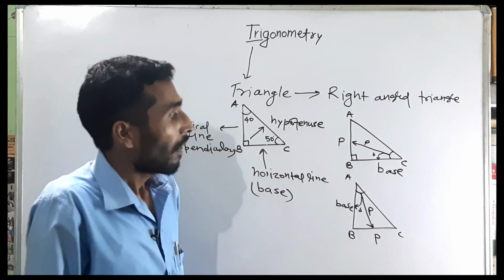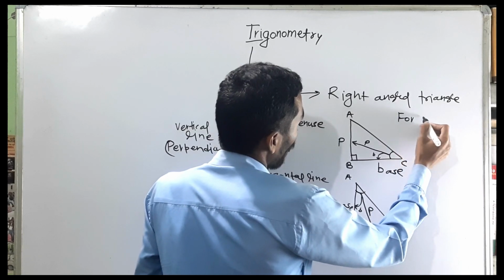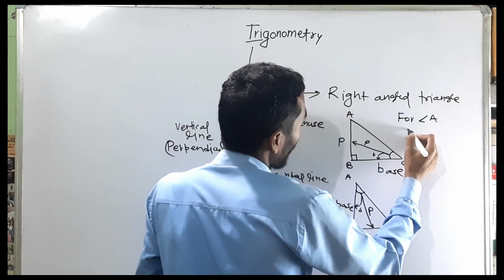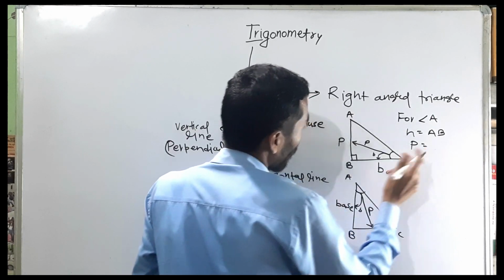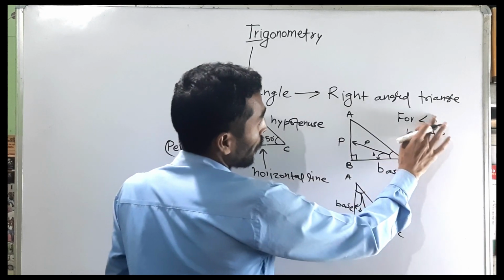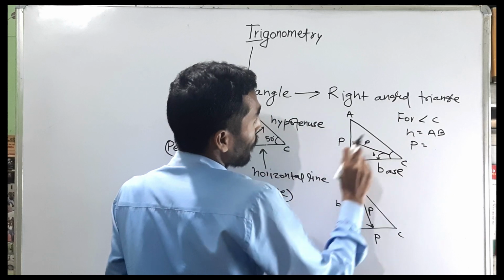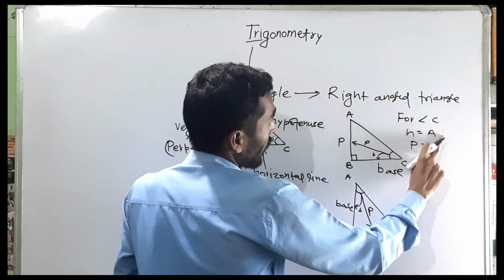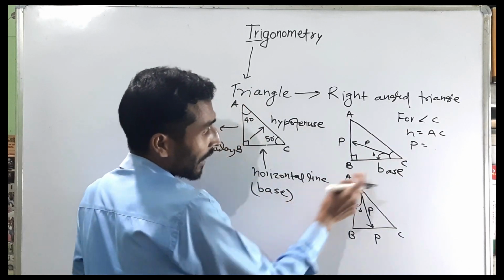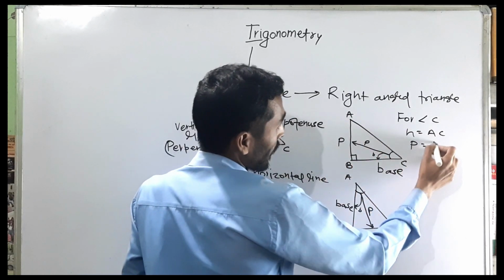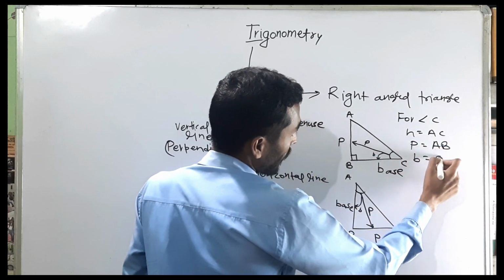So basically we can say that H is fixed. At first we are talking about C. So for angle C, H is AC, and AB is P, and BC is base.